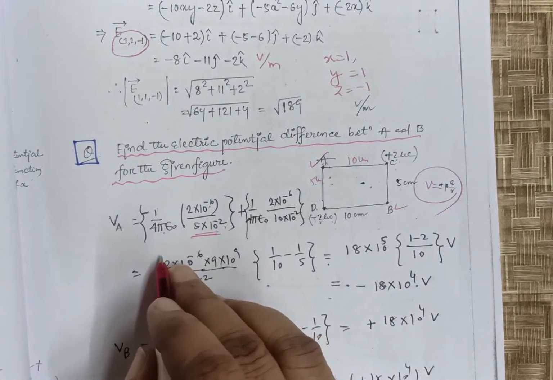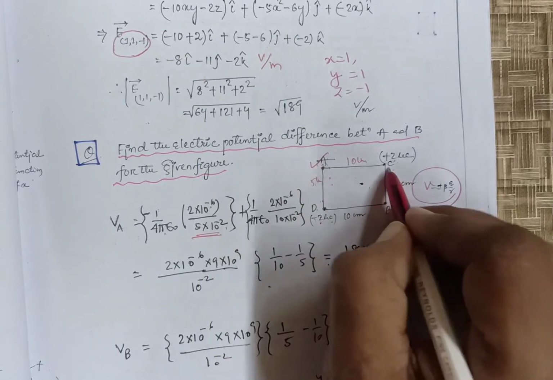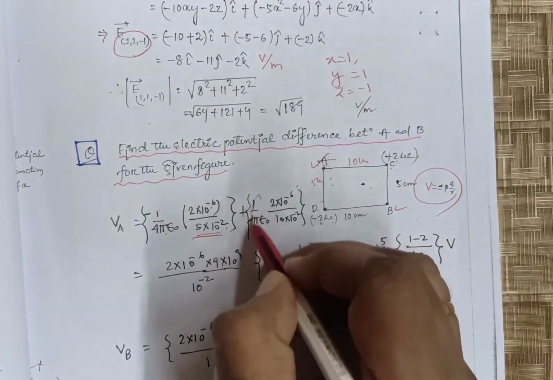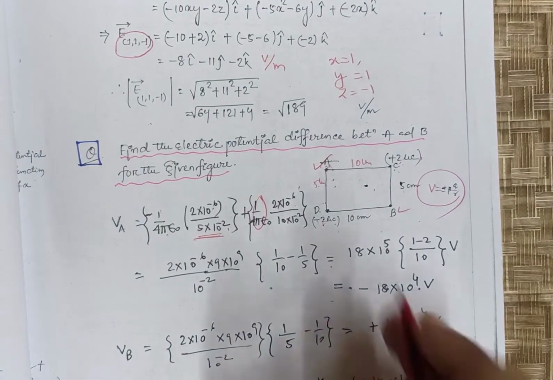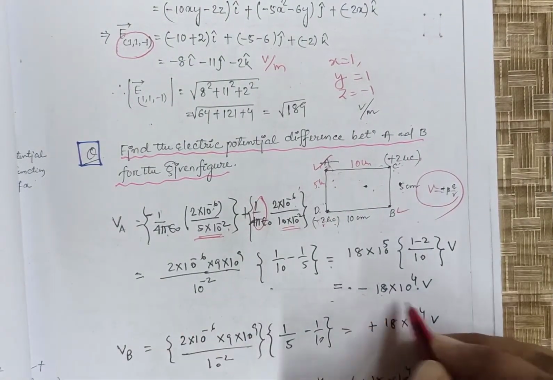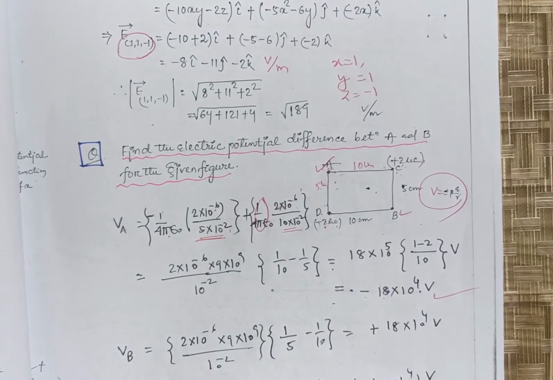Fully SI system. Similarly, at A due to C, 2 microcoulomb, that is 2 into 10 to the minus 6, 1 by 4 pi epsilon 0 and distance 10 centimeter converted to meter, and the answer is minus 18 into 10 to the power 4 volt.